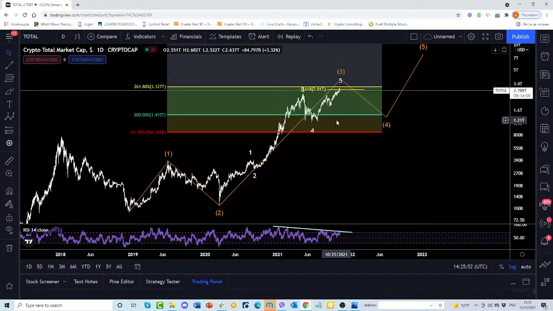Okay, so if I count this as a 1 down and 2, relatively nice subdivision in a 1, 2 up in 3, so pullback in 4 and move up in 5. So we count this as a lesser degree expansion on the upside, and if we do an extension level for the target, and you can count here a nice 5-wave move on the upside, that will be around 2.9 trillion.